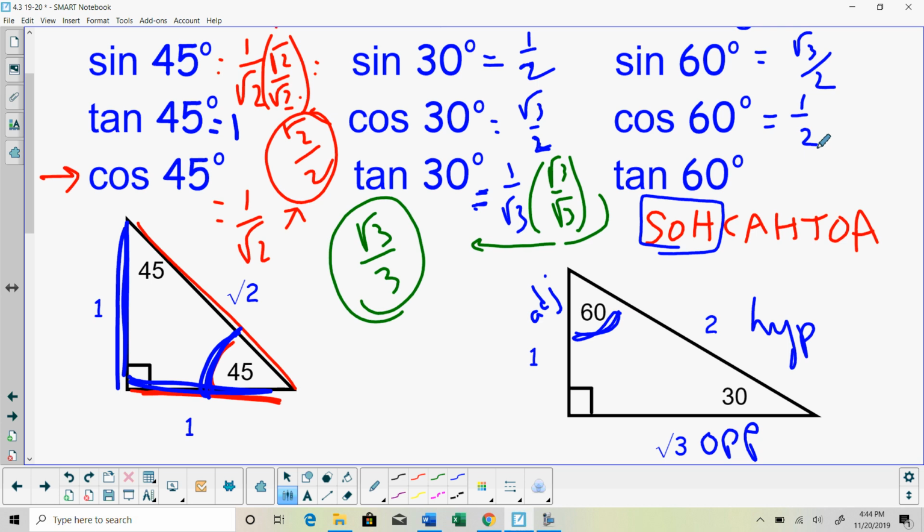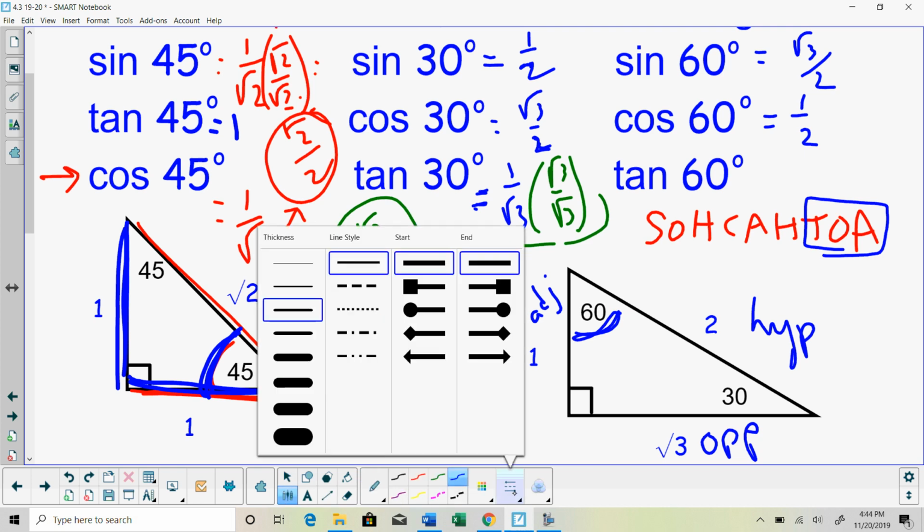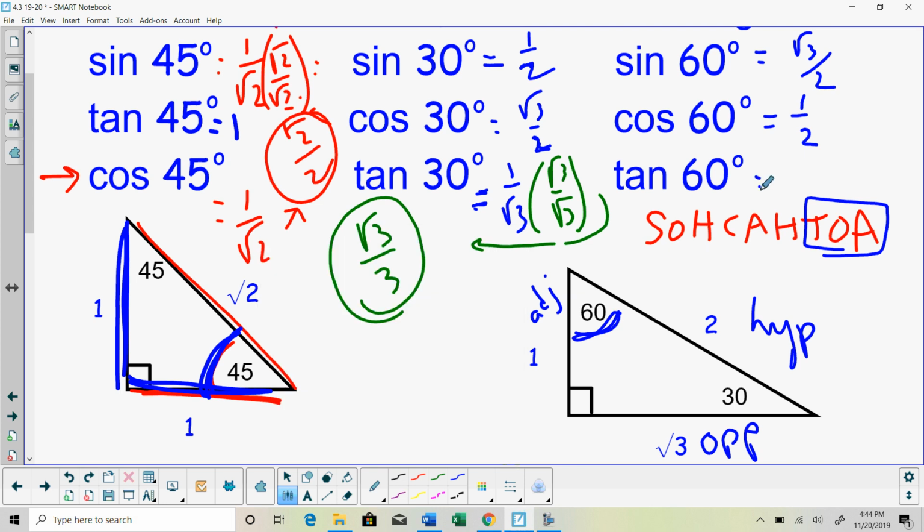So I should really be sliding this along to show what we're doing. So I did cosine was adjacent over hypotenuse. Now I'm doing tangent, which is opposite over adjacent. So the opposite side is square root of 3, and the adjacent is 1, so I get square root of 3 over 1, which is just square root of 3.